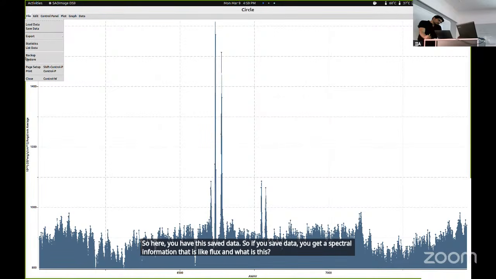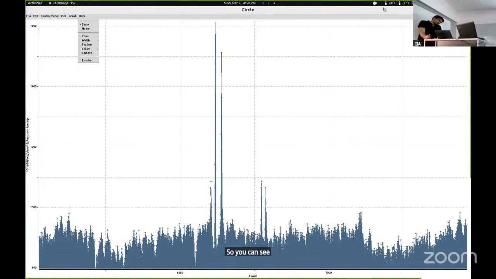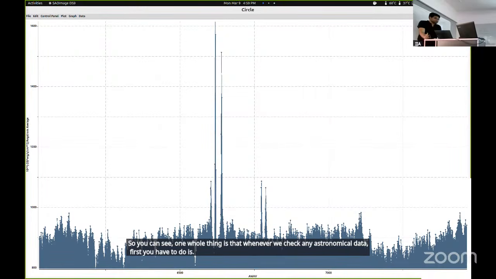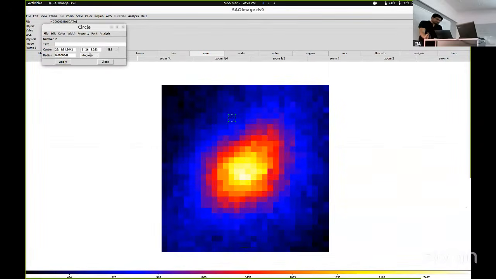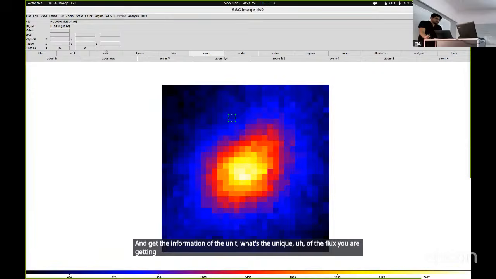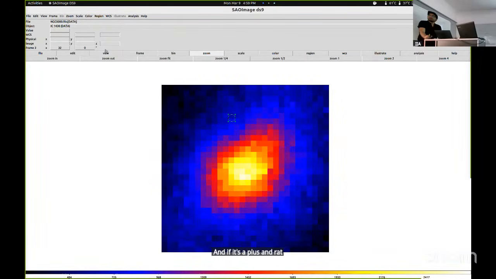One more thing is that whenever you check any astronomical data, the first thing you have to do is check the header and get the information of the unit, what the unit of the flux is, or any information you are getting. So you will know what you are looking at. If it's velocity, it will show kilometer per second or meter per second, and if it's flux, it will show some flux unit.